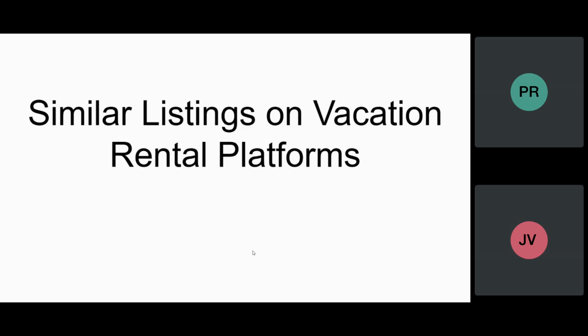More than a whole system discussion, this is a feature discussion of how the feature works and how it recommends similar listings on the platform. So let's get started, and we'll also be following the same framework that we have been following.